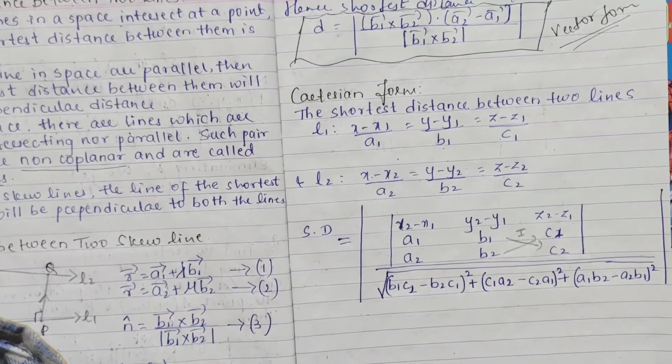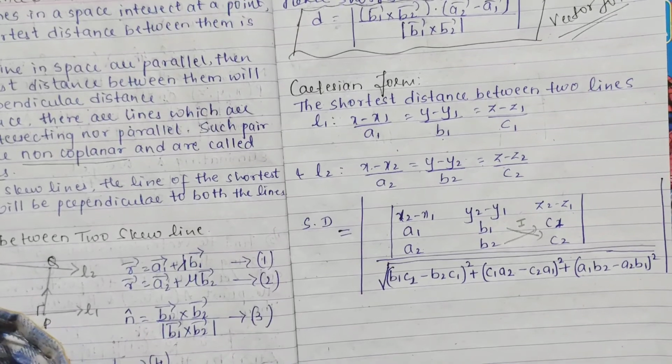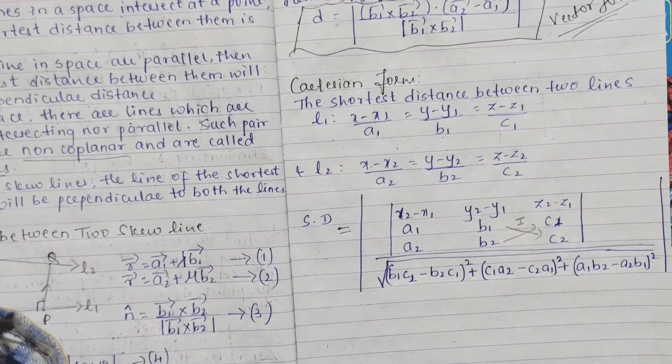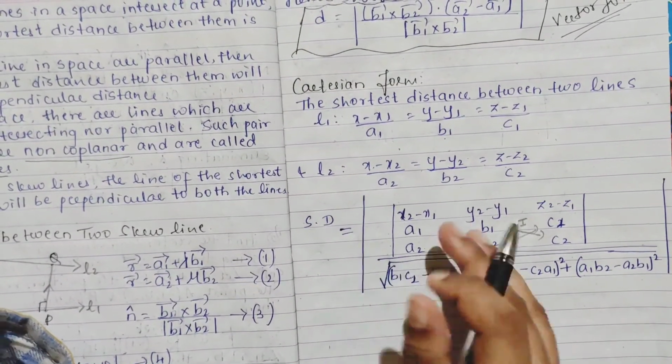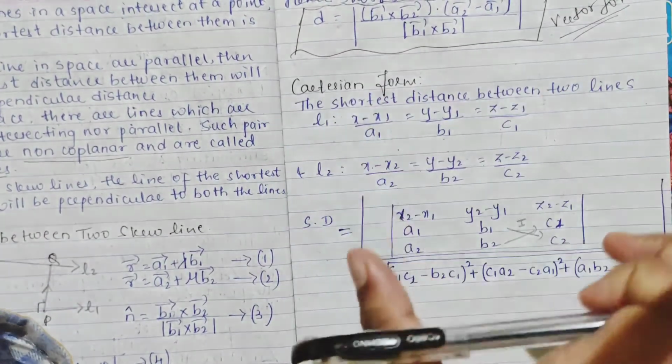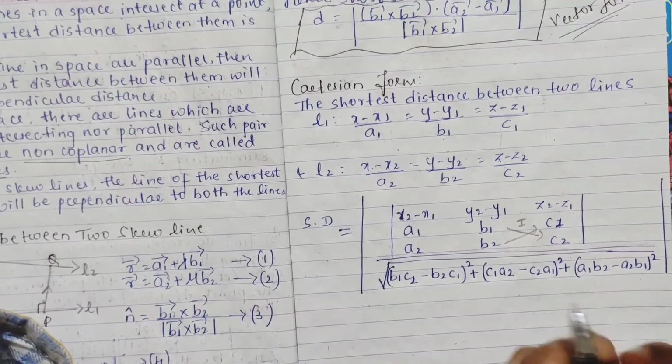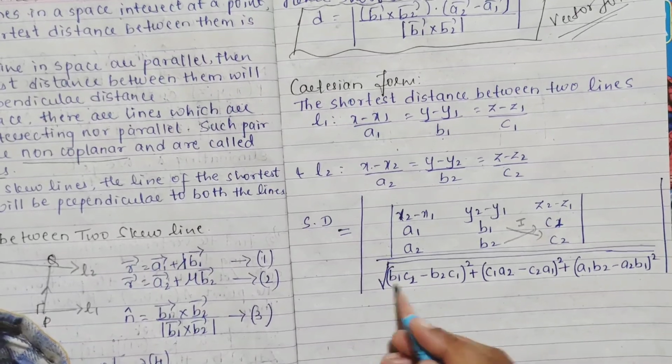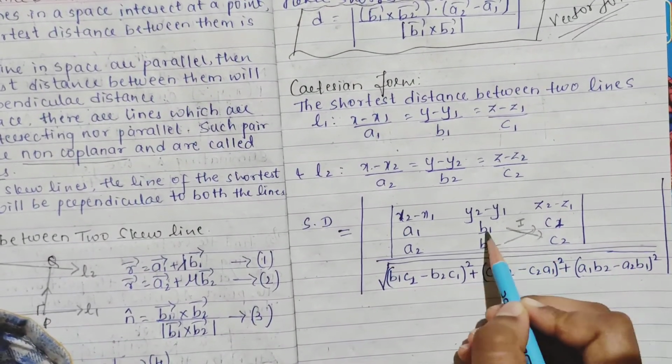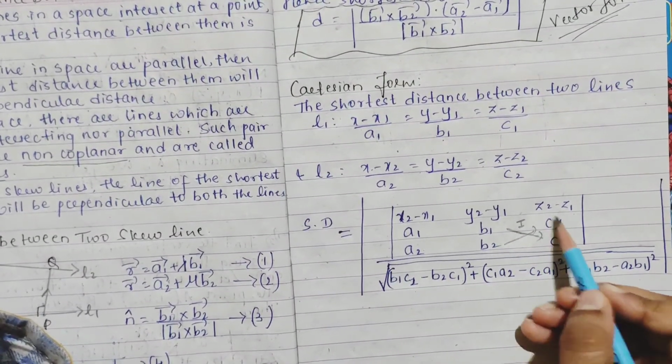Okay, just remember the formulas, because directly formulas only they are giving, and you have to use them in your problems. Problems are the main important thing for this. So only remember the formulas, your vector form, your Cartesian form. It's well enough. Here in your square root, how are we taking it? First b1 c2 minus b2 c1 whole square.